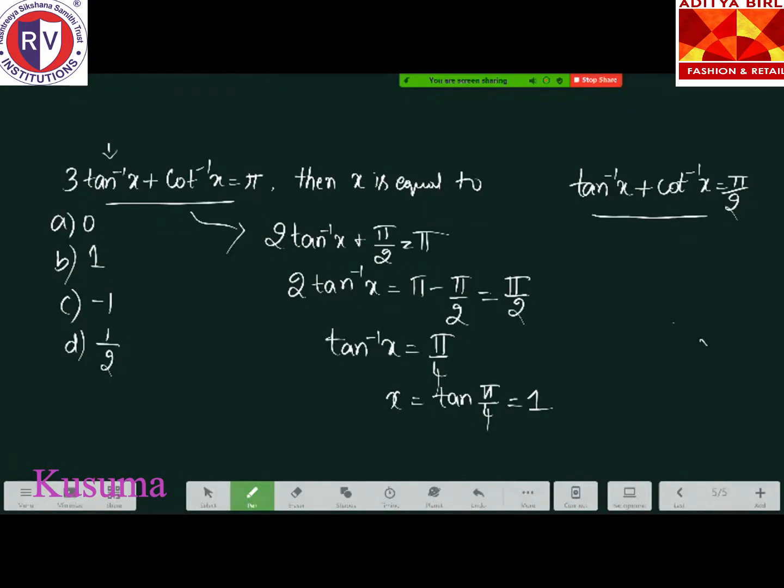So in the RHS, you will get pi minus pi/2, which adds up to pi/2. Then tan inverse x is equal to pi/4, as we are taking this 2 to the RHS. So x will be equal to tan pi/4, and tan pi/4 is equal to 1. Okay, shall we see the next problem?